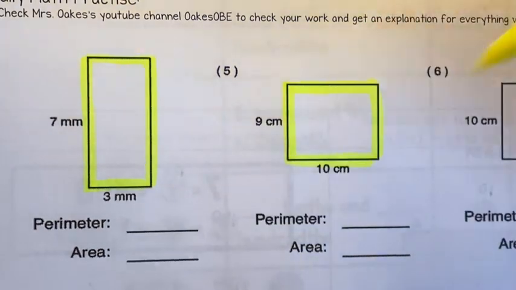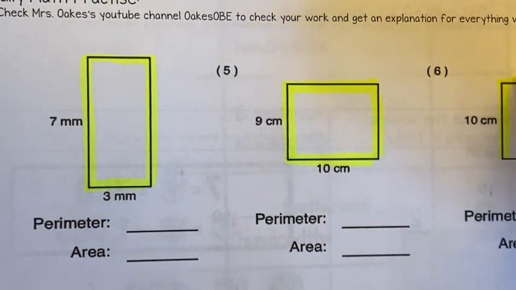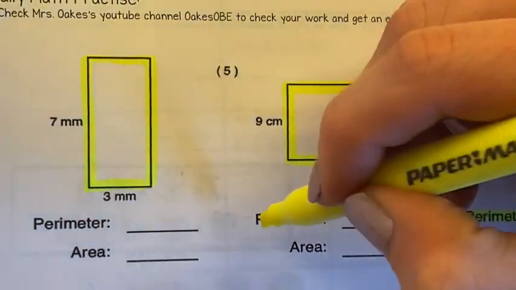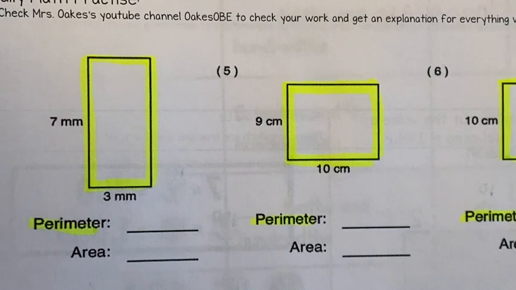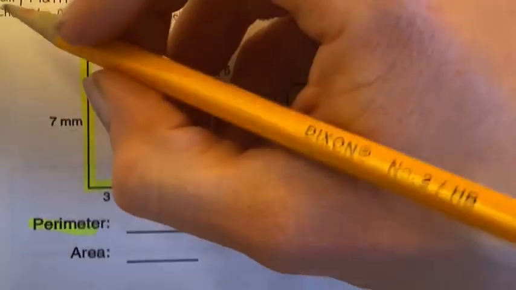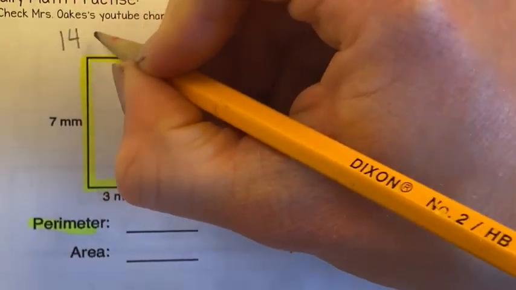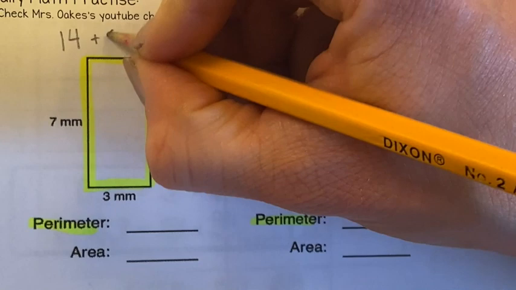I'm just going to highlight that this is your perimeter. So to do that, you can do 2 length plus 2 width. So that's pretty easy. 2 times 7 is 14. 2 times 3 is 6.